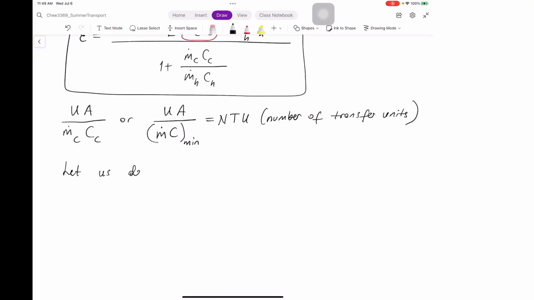Let us define m dot_C C_C equals, let me use this, yeah, fancy C, let's say, C_C, okay?